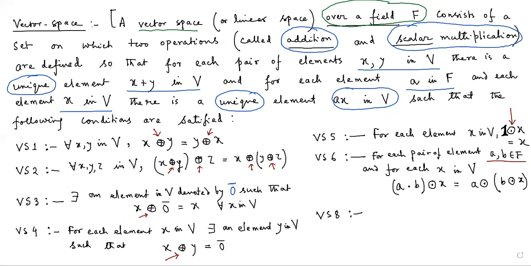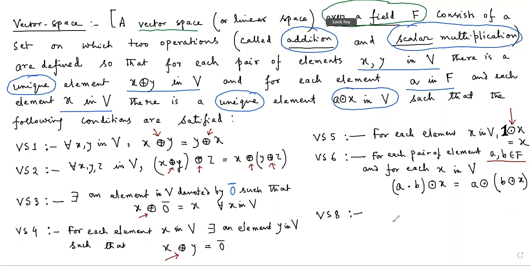One more thing here, when I wrote X, Y in V, there is a unique element X plus Y in V. You make it this plus. And when I am writing for each element A in F and for each element X in V, you make this AX to be A dot X. Just make these corrections. Okay, and we have got this property. So this is VS6.